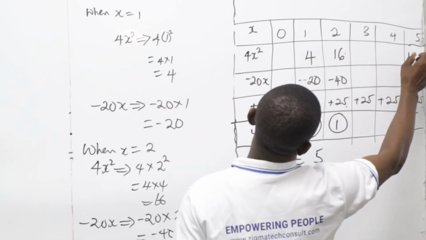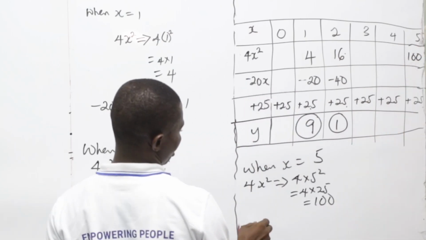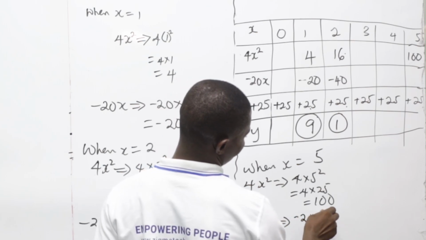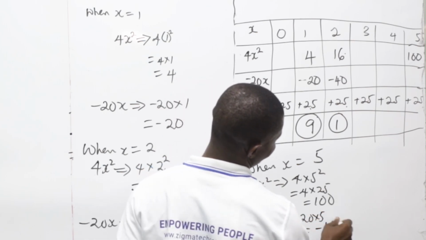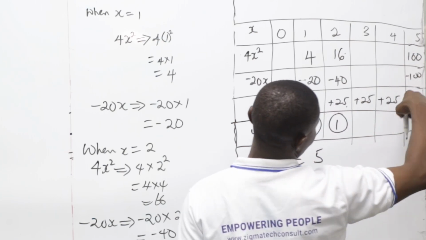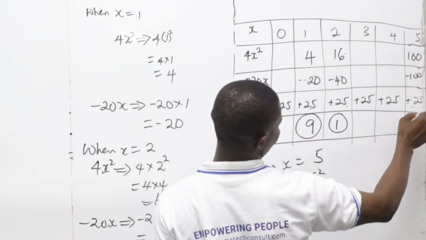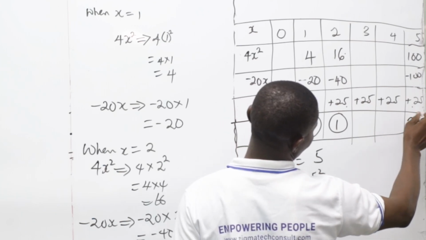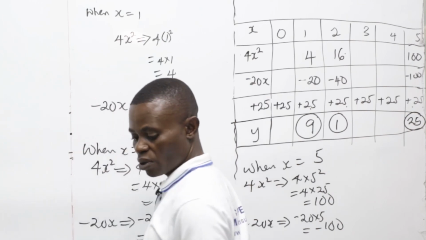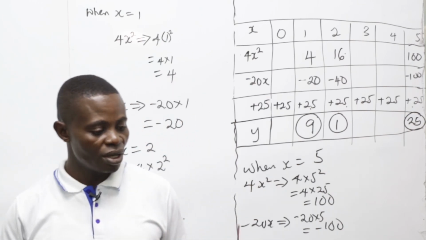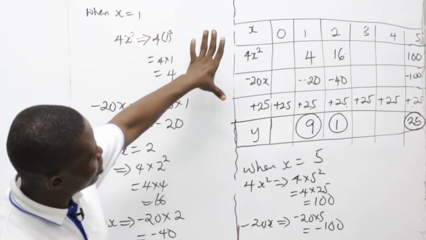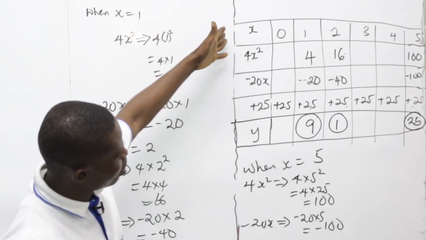You write 100. Minus 20x now will imply minus 20 times 5, which is minus 100. All right. So 100 minus 100, 0. Remaining 25. Right, plus 25. You circle it.